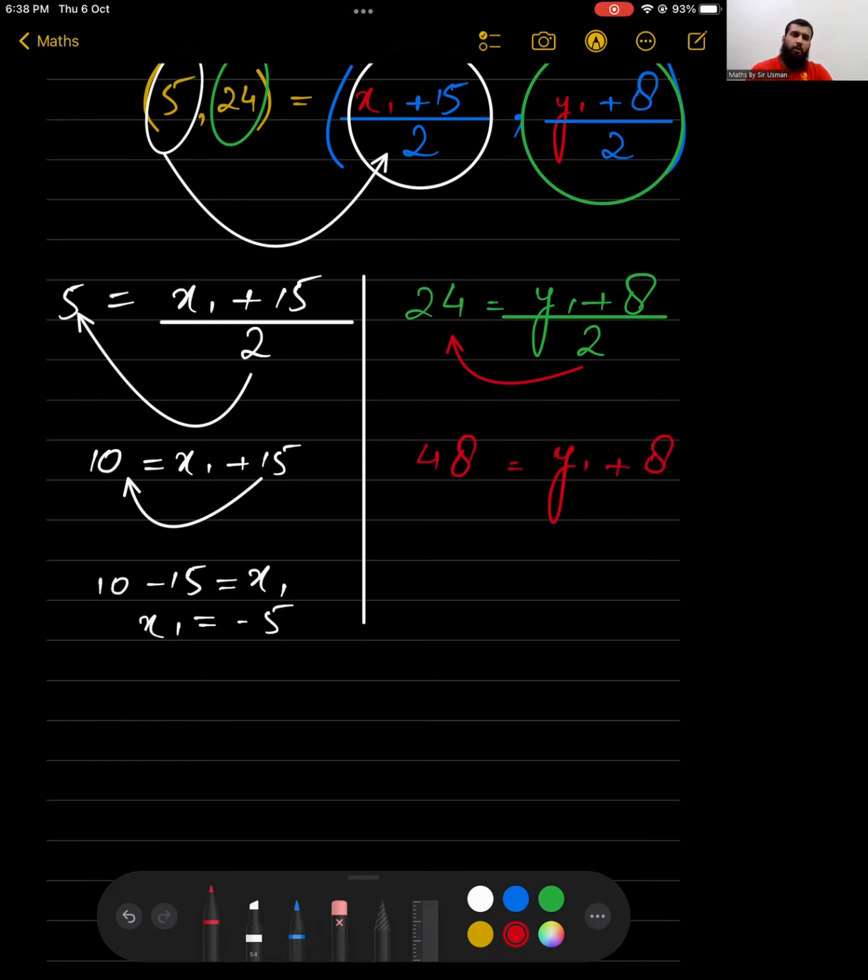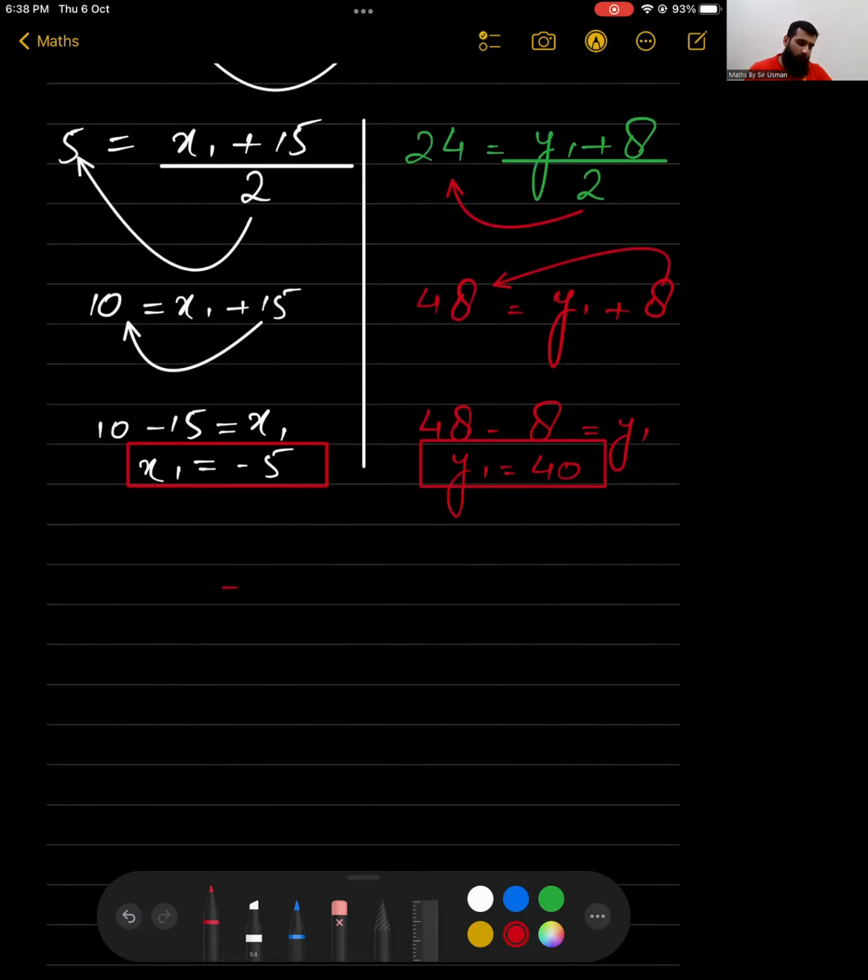Now 8 would be taken to the other side as well. और आपके पास value आ जाएगी 48 minus 8 is equals to y1 and that turns out to be 40. And this is your final answer for the x and y coordinates of point A. तो point A के हमारे पास coordinates क्या आ गए हैं, -5, 40. So this is going to be the final answer.